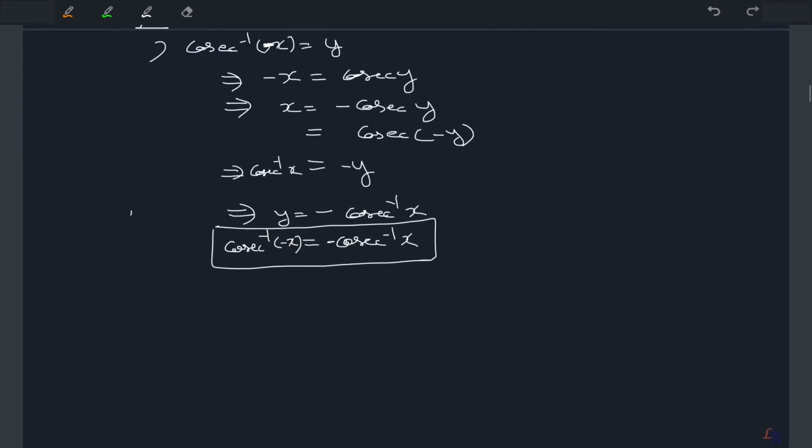Now let's move further and have a look at the third type of properties, where again we'll be utilizing the minus x type, but here we'll have a slight variation. For example, let's say you have cos inverse minus x, it can be written as pi minus cos inverse x, where it is defined for x in the range of minus 1 to 1.